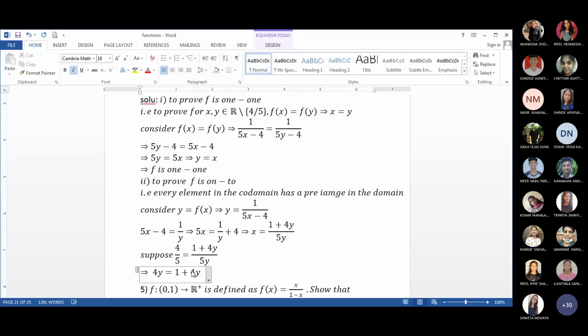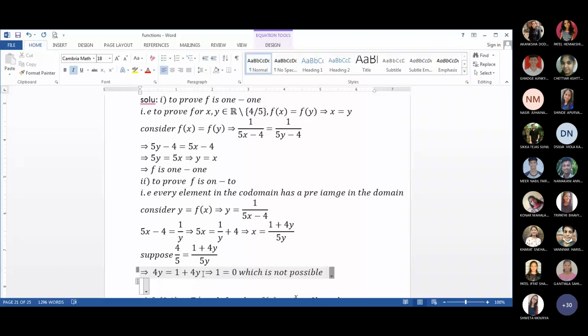Is it clear till this? And this implies 1 is equals to 0. Which is not possible.